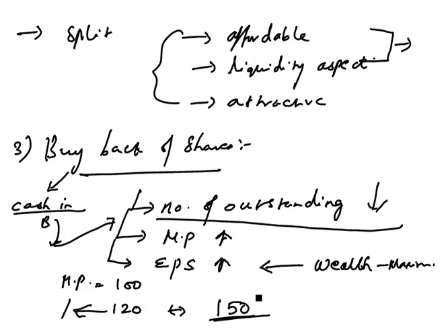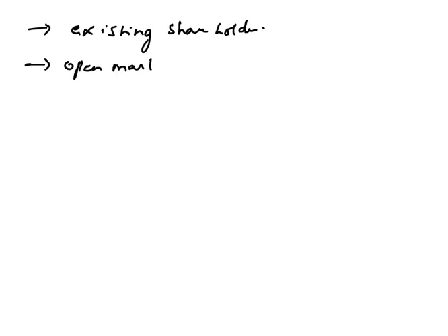According to the SEBI regulation of 1998, the company is permitted to do a buyback of shares from the existing shareholders on a proportionate basis through an offer document. And also they can do the buyback of shares in the open market through stock exchanges by using the book building process.